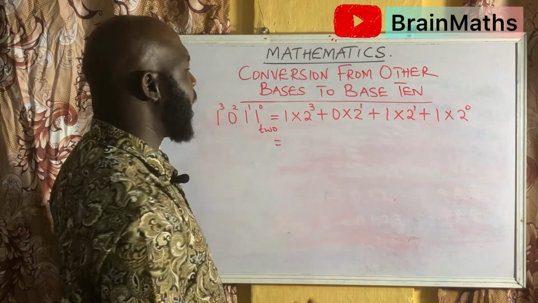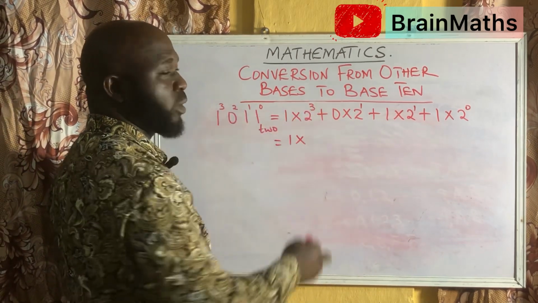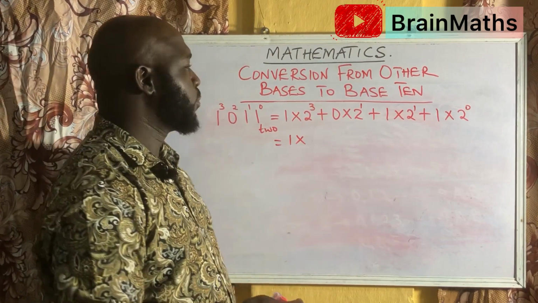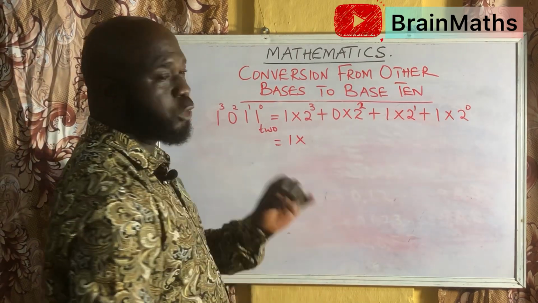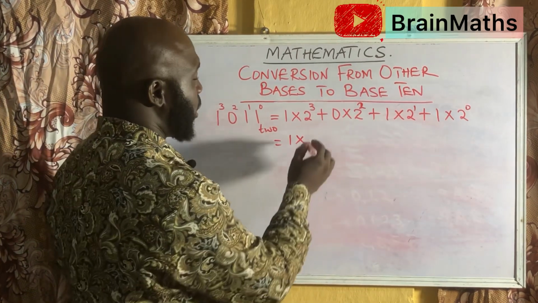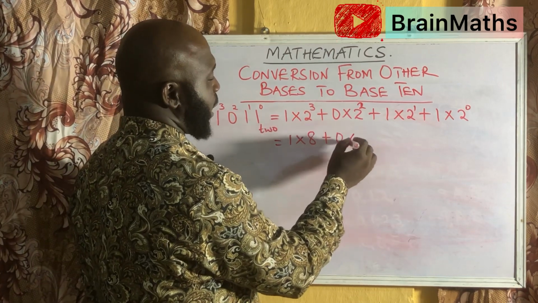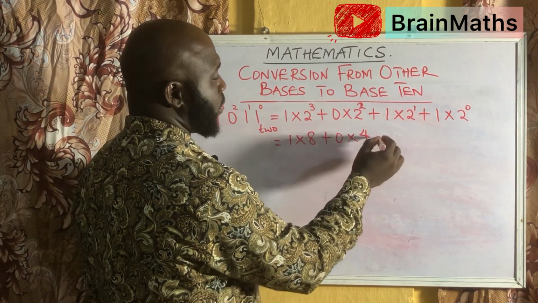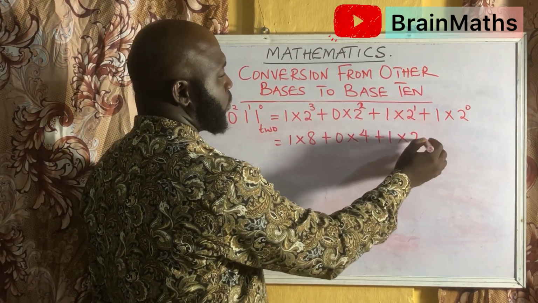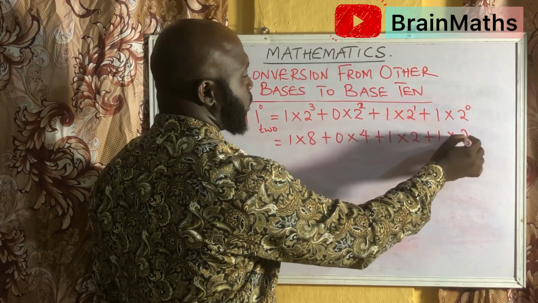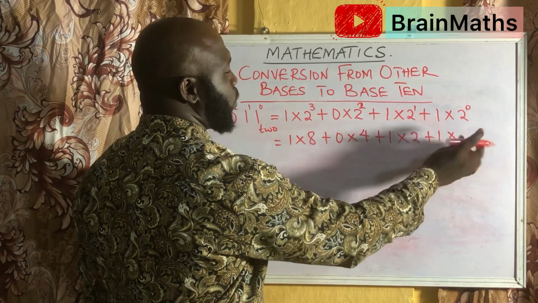Now we add after multiplication. So we have 1 times 2 raised to power 3, which means multiply 2 in 3 different places. So that is 2 times 2, 4 times 2, 8, plus 0 times 2 raised to power 2, which is 4, plus 1 times 2 raised to power 1, which is 2, plus 1 times 2 raised to power 0, which is 1. 2 raised to power 0 is 1.